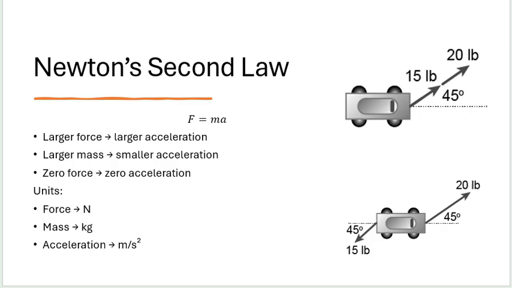Okay, then Newton's second law is different because we are specifically looking at mass and acceleration. Acceleration depends on the velocity; we're looking at the rate at which the velocity changes.